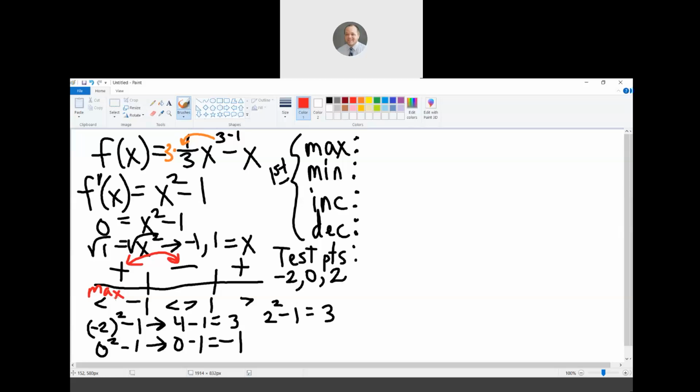And going from negative to positive, that indicates a relative minimum point at 1. All right, so we have a relative maximum point at x equal to -1.